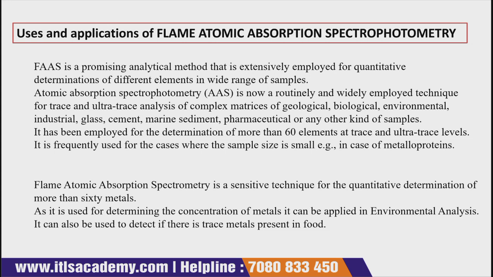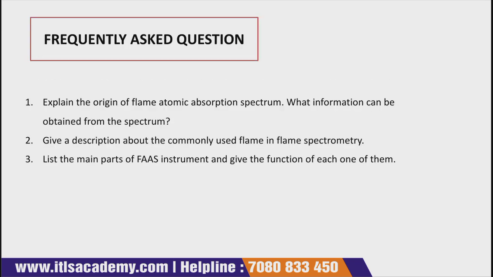It can be used to detect whether a trace metal is present in food or not. That is the reason it is used in the food industries also. Because of its unique advantages, it has a huge demand in every field.